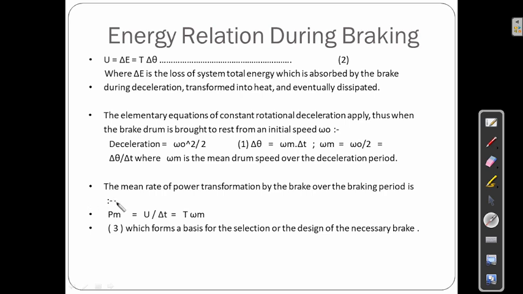Then the mean rate of power transmission by the brake over the braking period, called Pm, equals U/Δt, which is equal to T ω_m, and this forms a basis for the selection or design of the necessary brake.